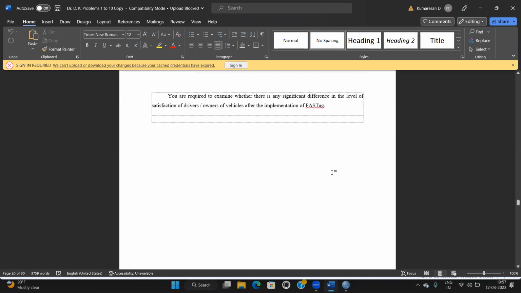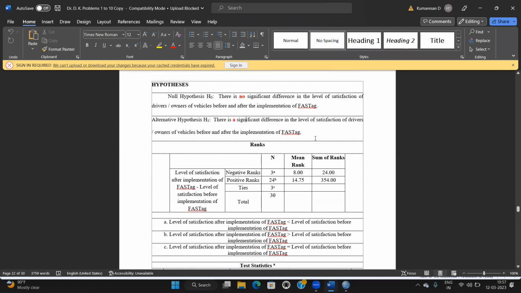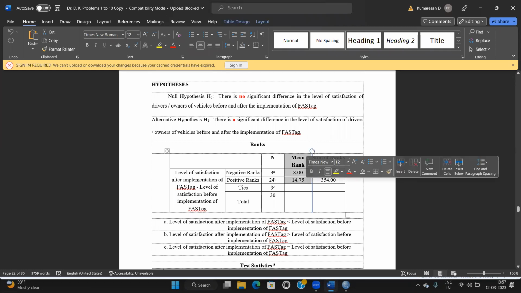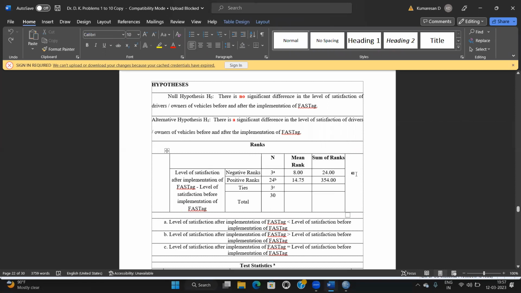So after implementation of FASTag, whether they have got more satisfaction or not. That is the question. For that, here, instead of comparing the mean ranks, as we did in the previous 2 tests, we should not compare the mean rank.